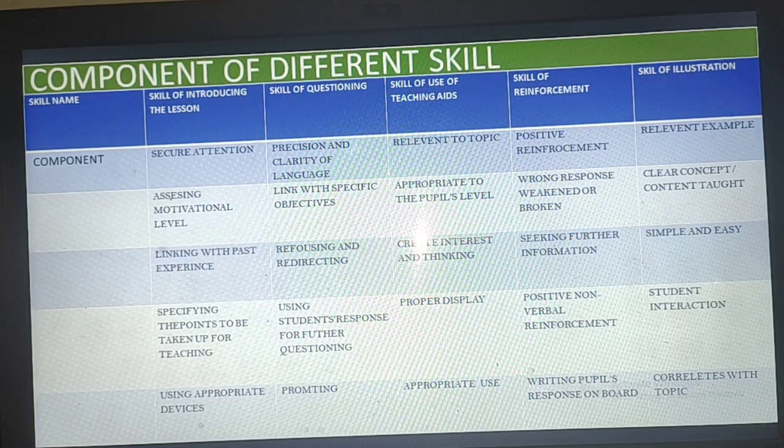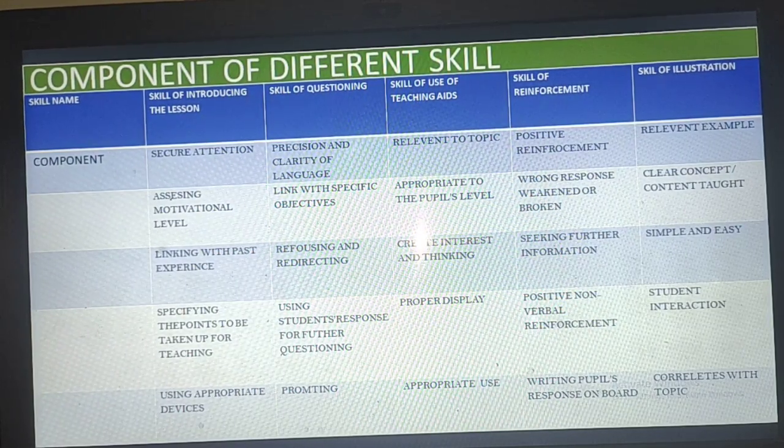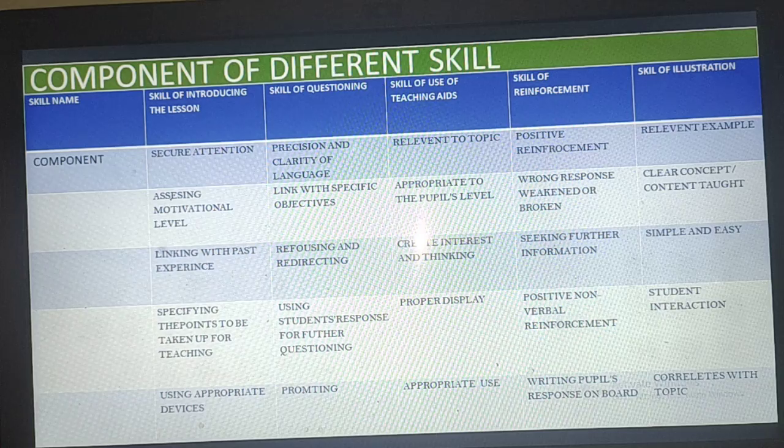Every student has to remember these skills according to sequence. First skill, skill of introducing the lesson. Second, skill of questioning. Third, skill of using teaching aids, then skill of reinforcement, and skill of illustrations.